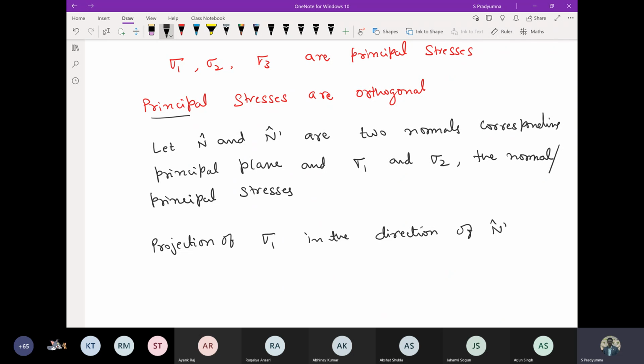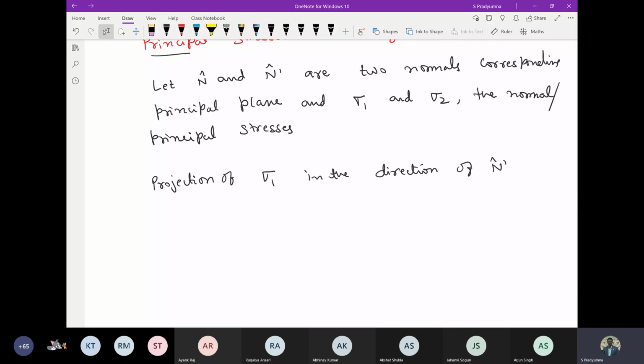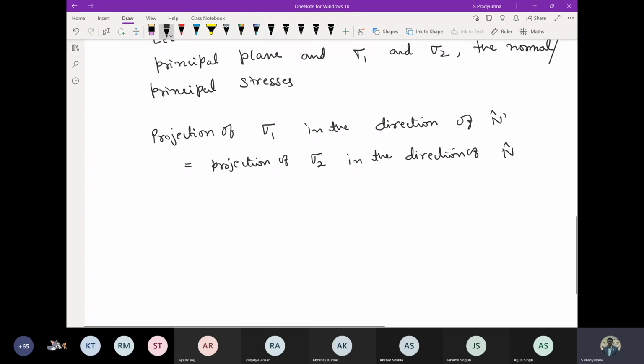That is corresponding to principal plane 2, corresponding to sigma 2. Similarly, this should be equal to what we have just proved, the projection of sigma 2 in the direction of n cap. Am I correct? Because I proved that this is correct in the general theorem just before.